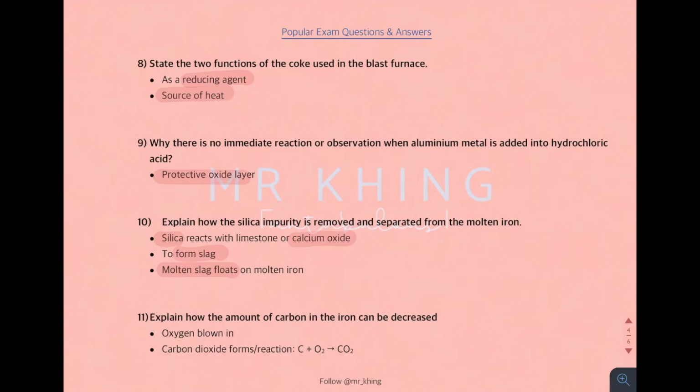Then how can the amount of carbon be reduced in the iron produced? Remember, we blow in oxygen gas. Then the oxygen gas will react with the carbon to produce carbon dioxide. So this is how the carbon is removed from the iron produced.